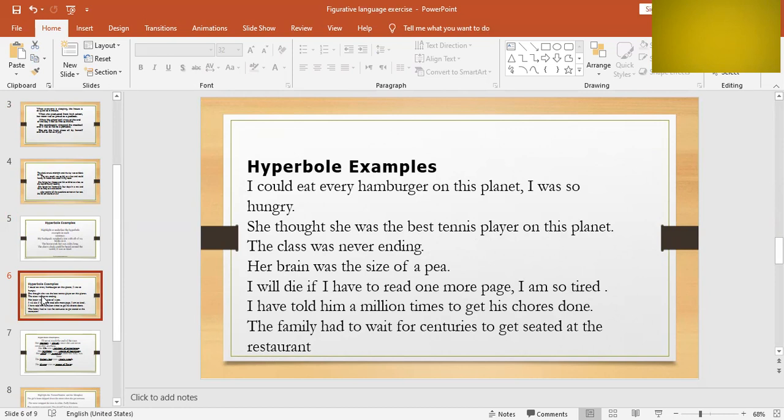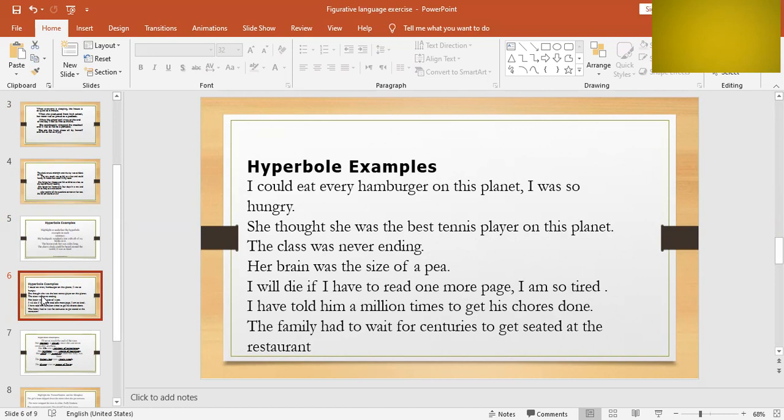Yeah. So when you interpret literary devices, you have to add your own opinion, you have to add your own feelings. How do you imagine the situation? How do you feel the situation? How do you understand the situation?